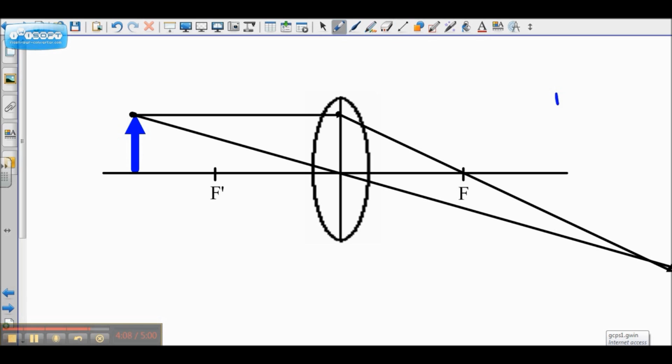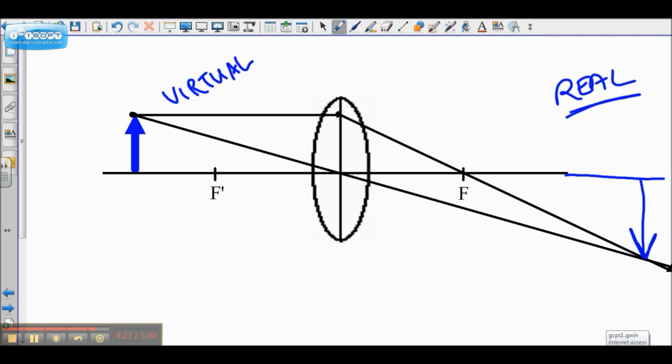So again, here's real, and here's virtual. So it is a real image. We draw it from where our principal axis would be, down to where it converges. So this one is real. It is magnified. And now it's inverted, which just means upside down.